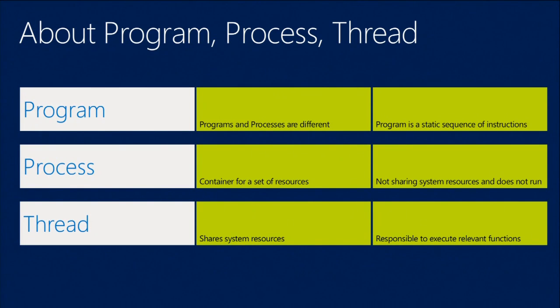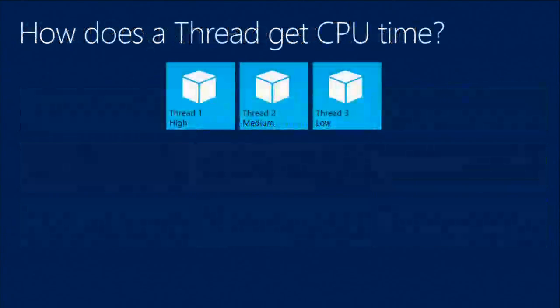So the program will manage everything on the high level, on the strategic level, goes down to the process, and then lastly, the thread, the hard-working guy, will be responsible to execute certain stuff. But how does a thread now get CPU time? How does this hard-working thread come to the CPU?